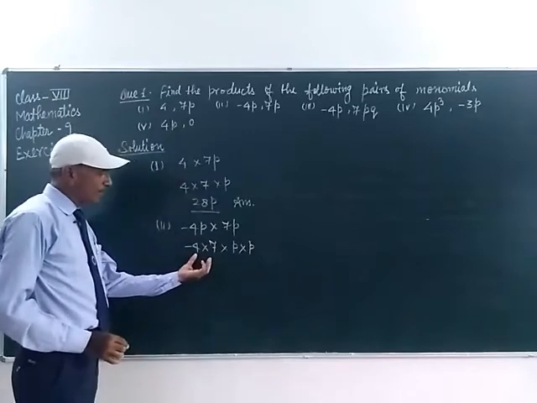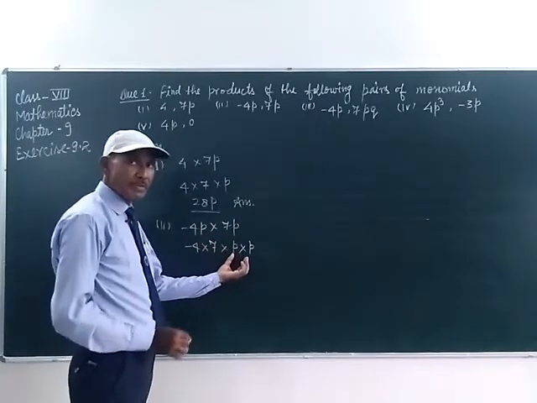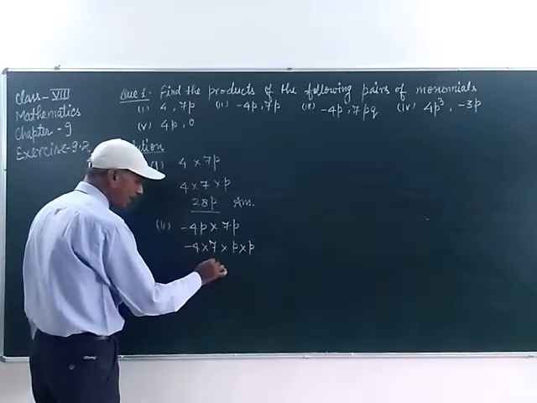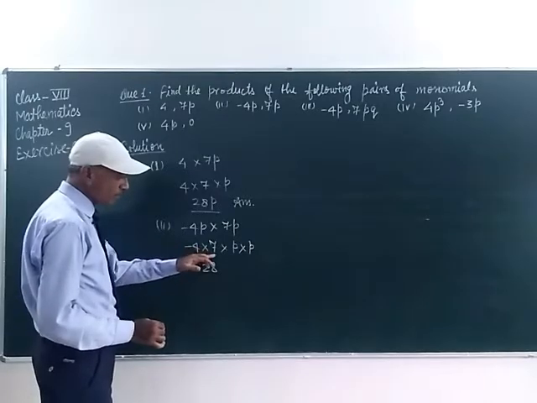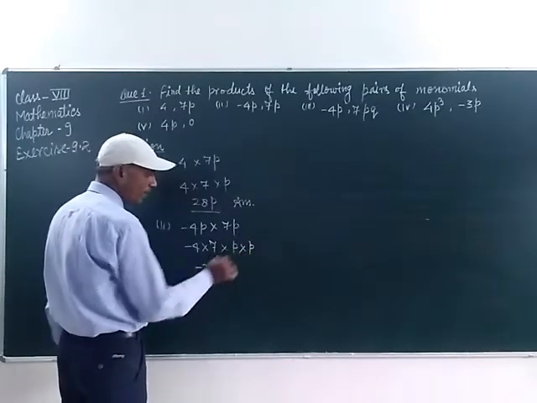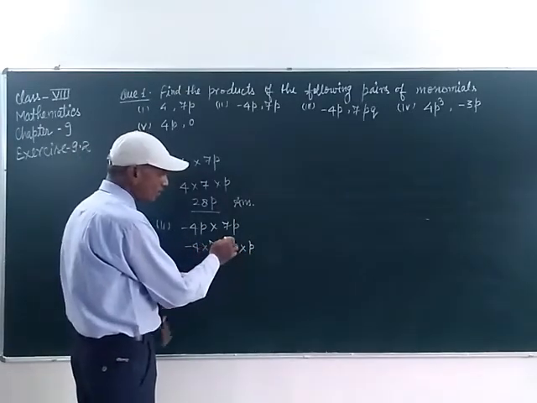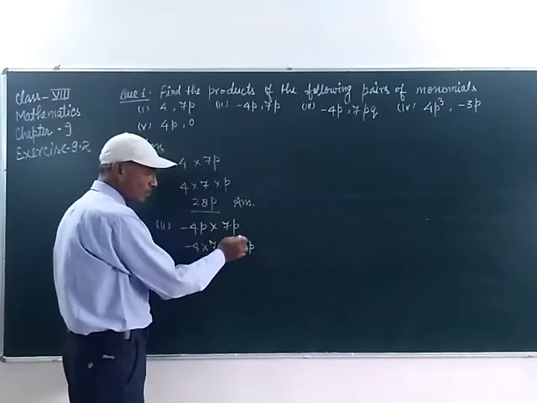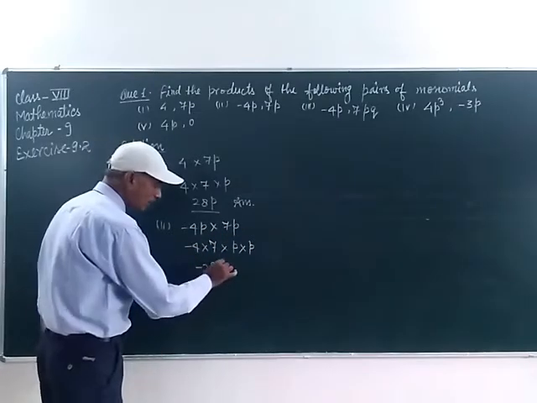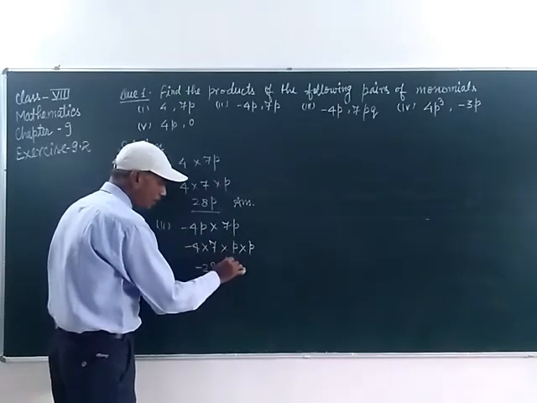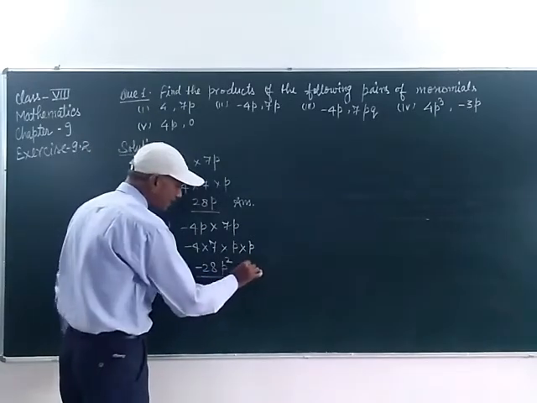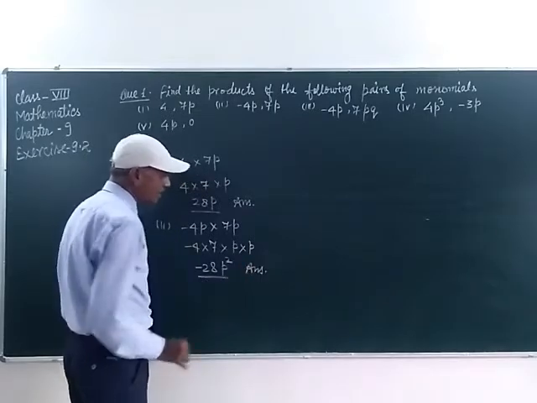We multiply numbers with numbers and variables with variables. So, 4 sevens are 28 and this one is negative, so minus 4 into 7 will be minus 28, and p into p: p to the power 1, again power 1. So powers or exponents will be added, 1 plus 1 will be 2. So it will be p to the power 2 or p square. So, minus 28p square is the answer of the second part of this question.